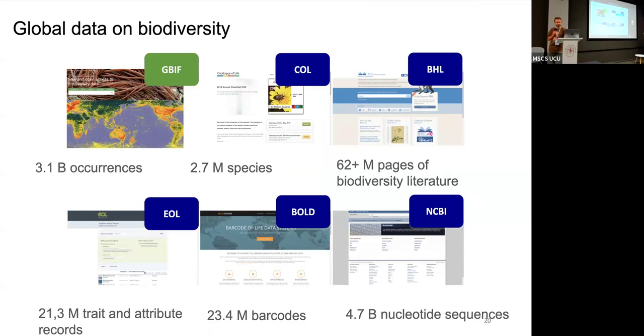You can see that, for example, the Global Biodiversity Information Facility, GBIF, my favorite one, collected more than 3 billion pieces of information about species occurrences.